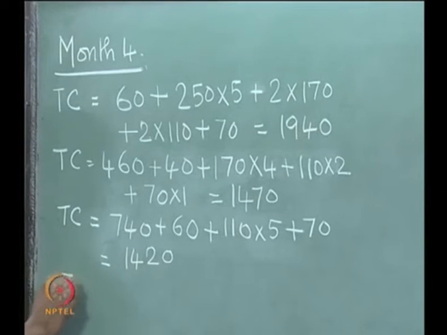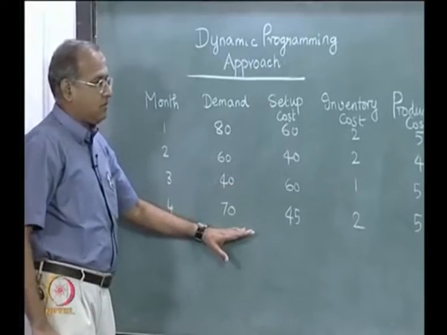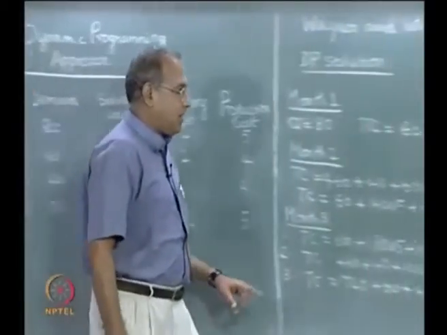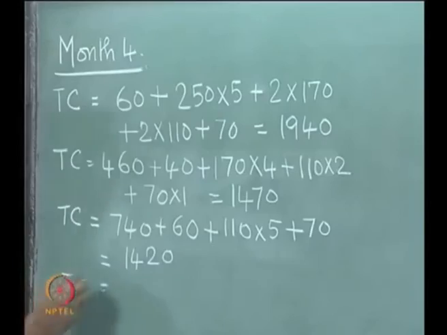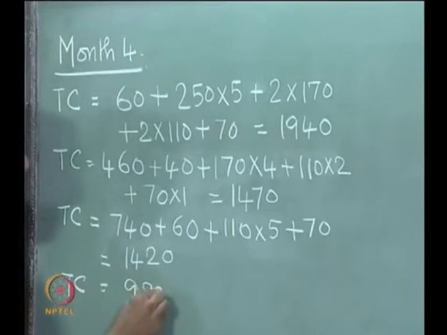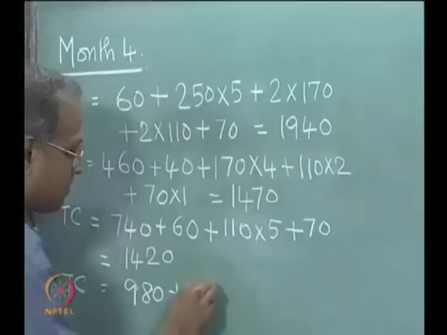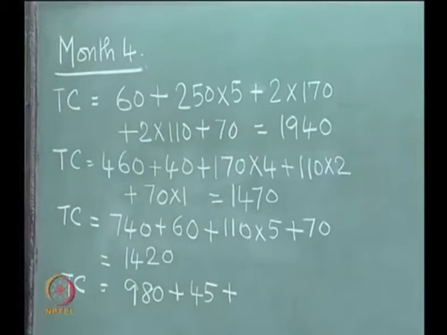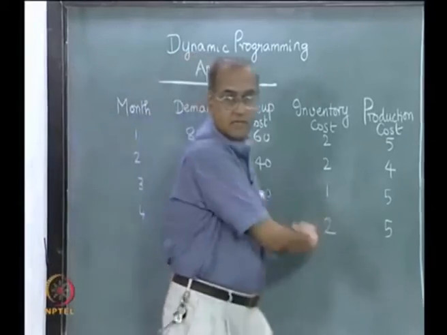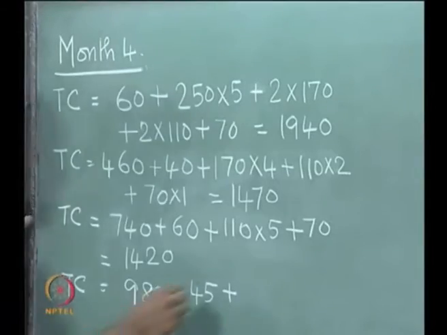Then the fourth one, we produce up to this optimally and produce the requirement of month 4 in 4. So, the optimal way is 980 from here plus there is a setup cost of 45, there is a production quantity of 70 and production cost is 5, plus 70 into 5.